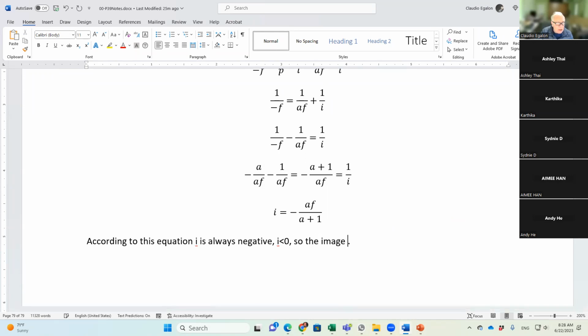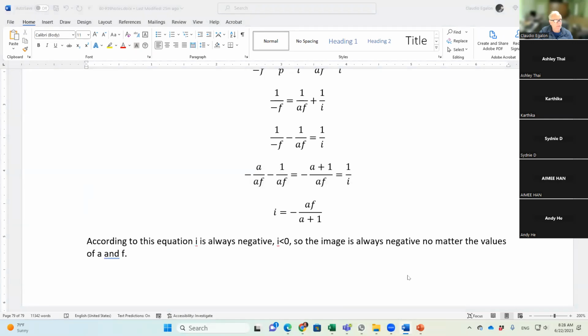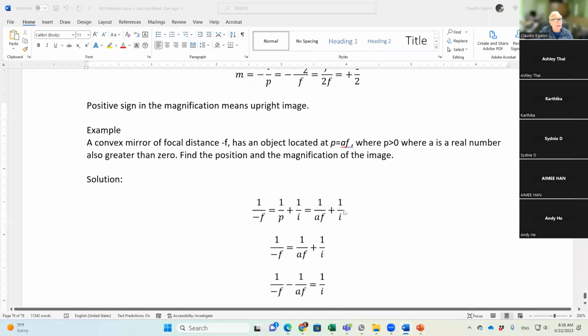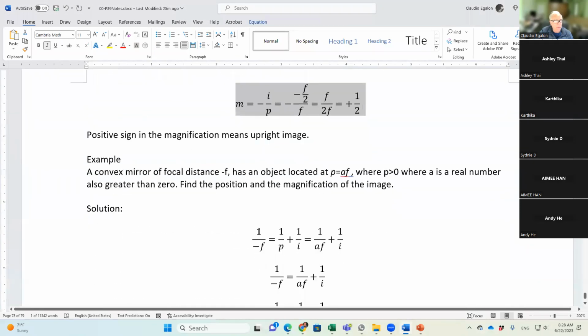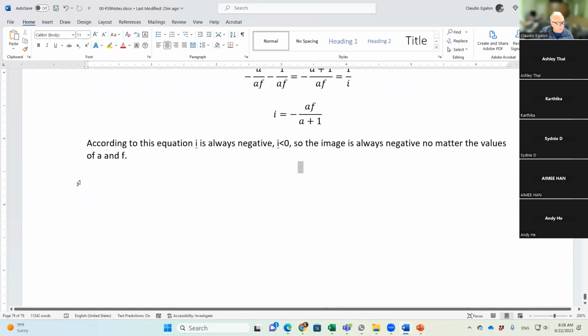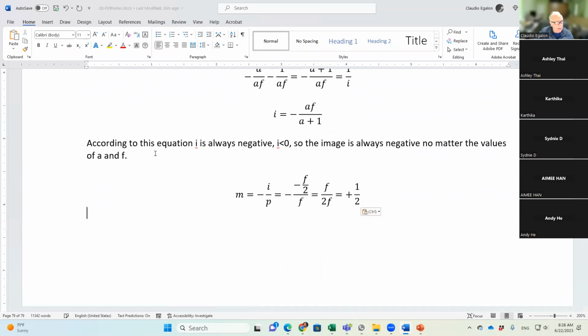So the image is always negative, no matter the values of A and F, right? Now let's take a look at the magnification equation. So this is a proof that you're going to have only one type of image forming.